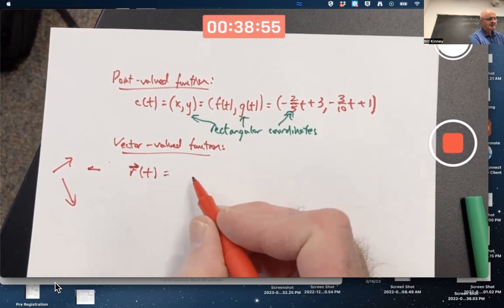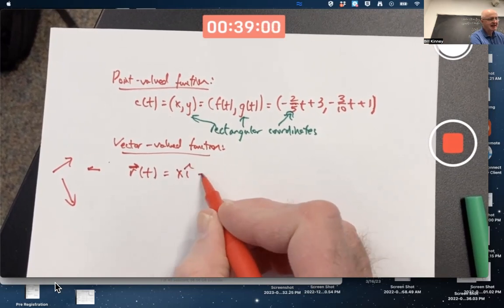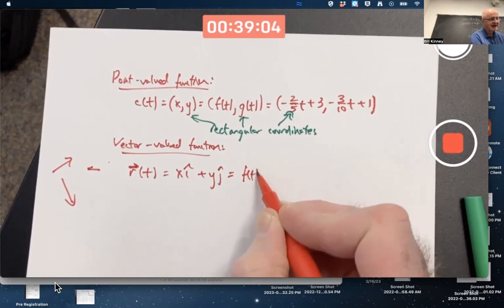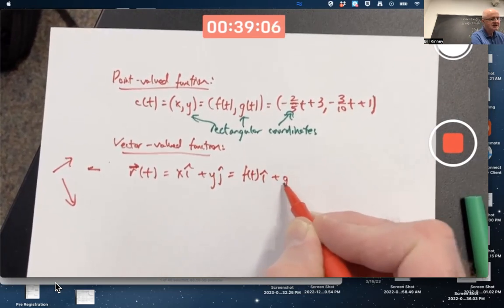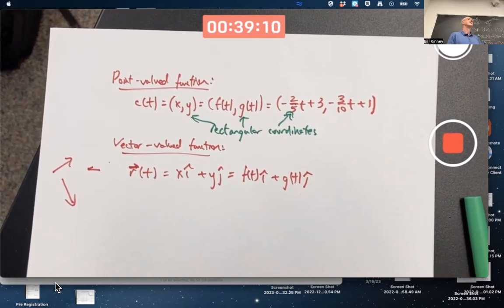Anyway, there's also something called i hat and j hat notation. You could write x i hat plus y j hat, which is f of t times i hat plus g of t times j hat. What in the world are i hat and j hat? And yes, you'll put a little hat above them. Actually, some people put little half arrows.